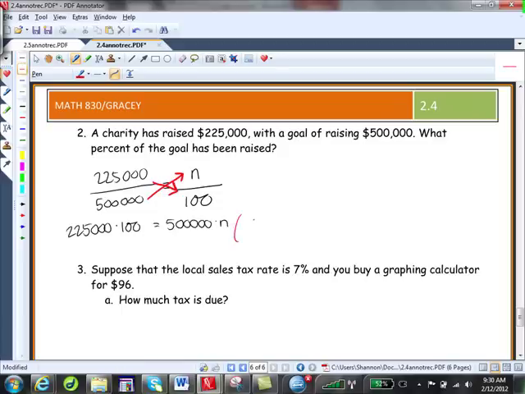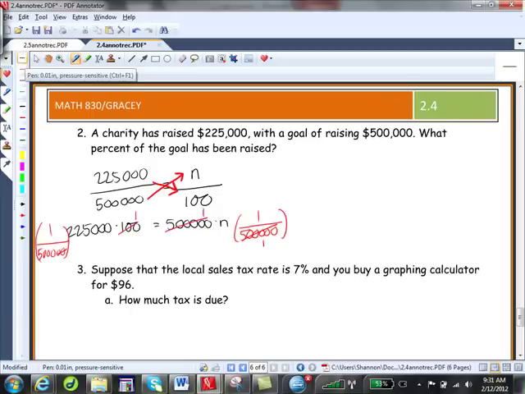Now, if I multiply both sides by 1 over 500,000, do you see that I can divide out 100 here, which will divide out part of this quantity? And then the 500,000 completely goes away over here.